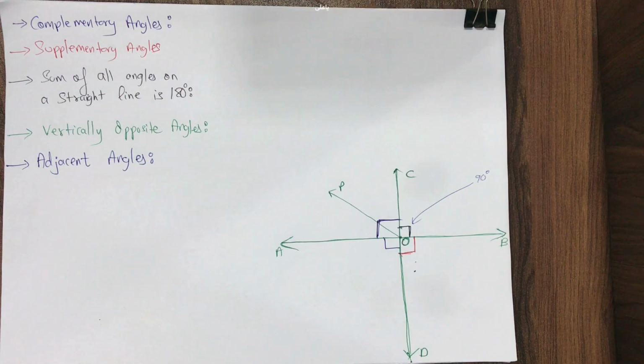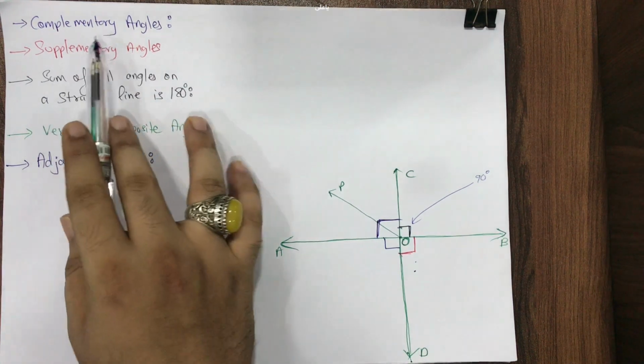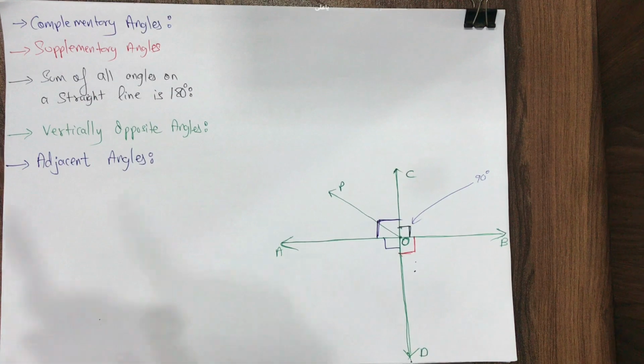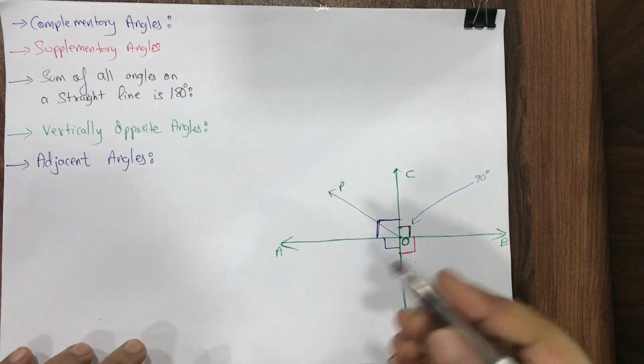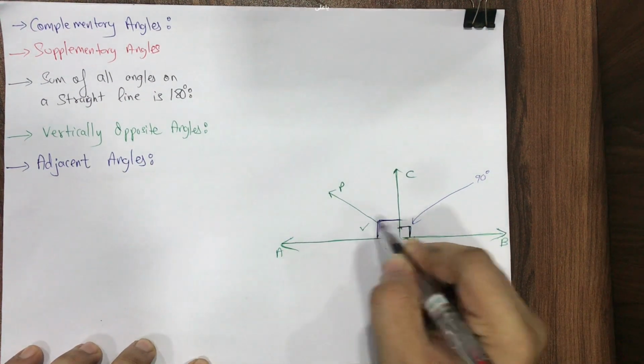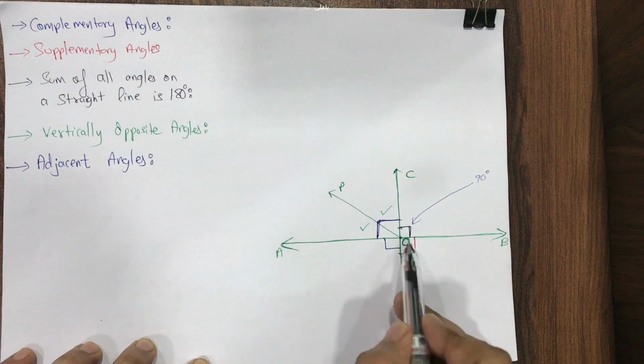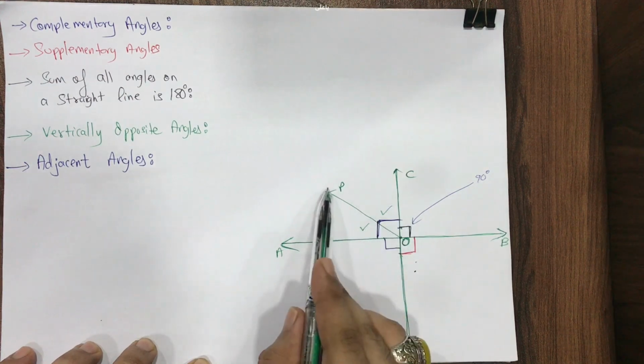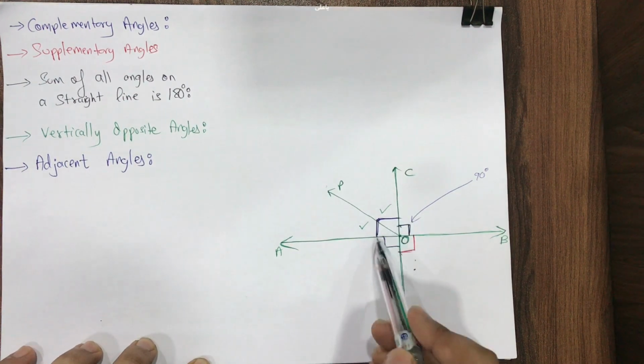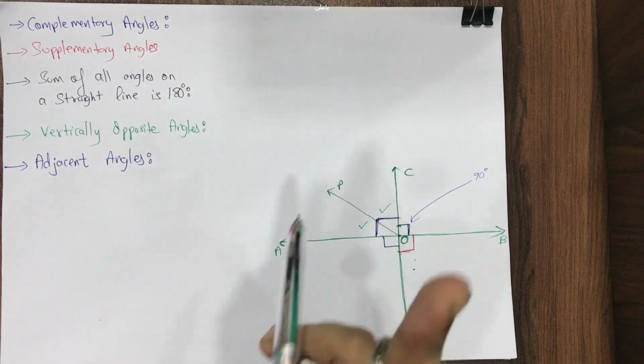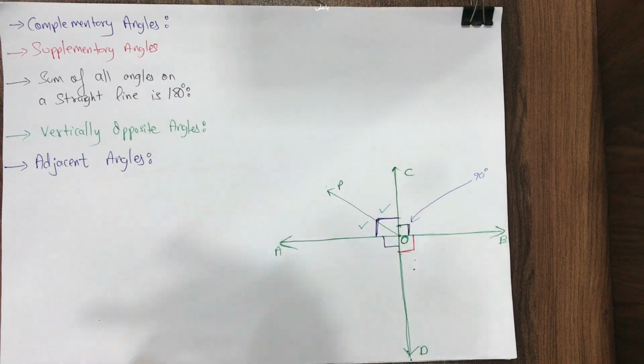Now students, first what we were doing, complementary angles. The sum of two angles should be 90 degrees. It's clearly seen here. Please see here, I'm marking two tick marks over here. Can I say this and this? Angle AOP plus angle POC is equal to 90 degrees. Sum of two angles, adding the two angles should give 90.